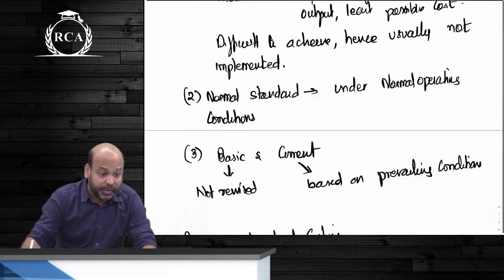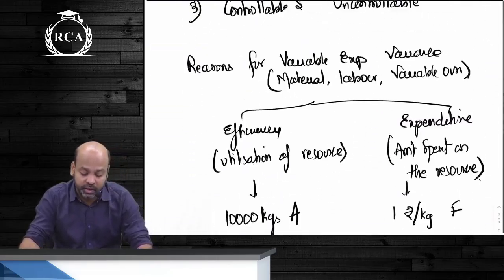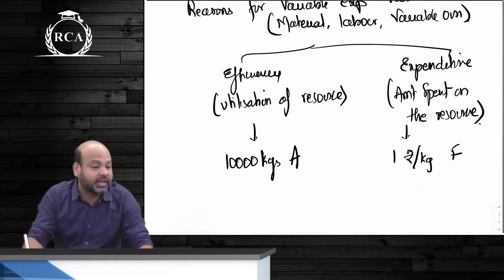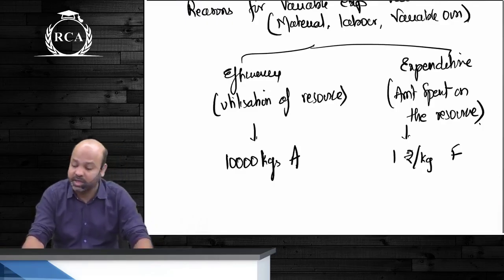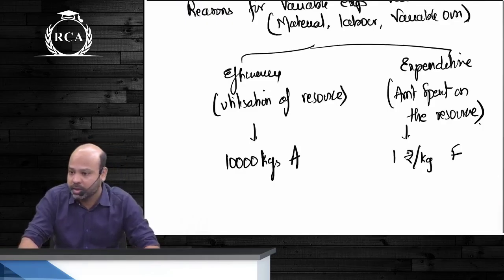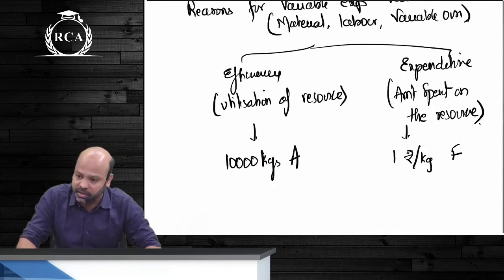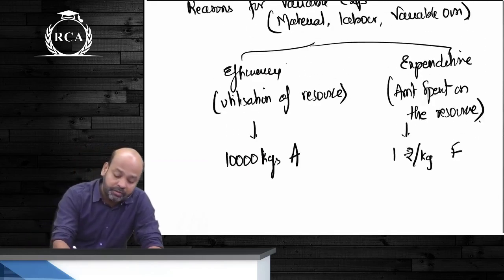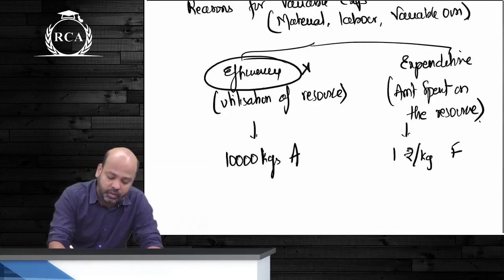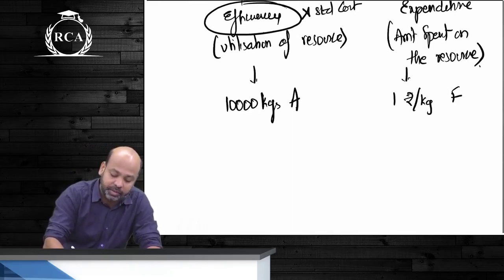But I cannot express efficiency variance as such beta as 10,000 kgs adverse and expenditure as 1 rupee per kg favorable. I will have to convert them as such, guys, into rupees. Efficiency variance is always and always measured at standard cost, which in our example beta is 12 rupees per kg.